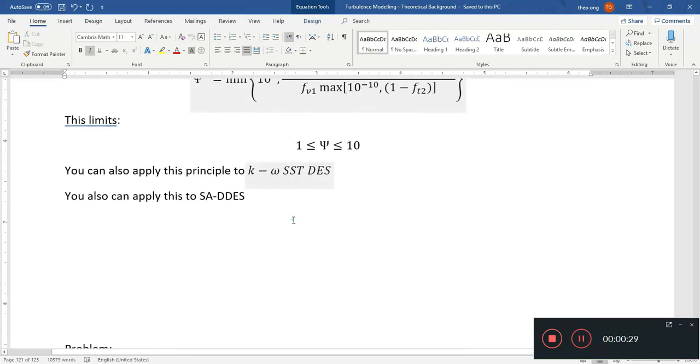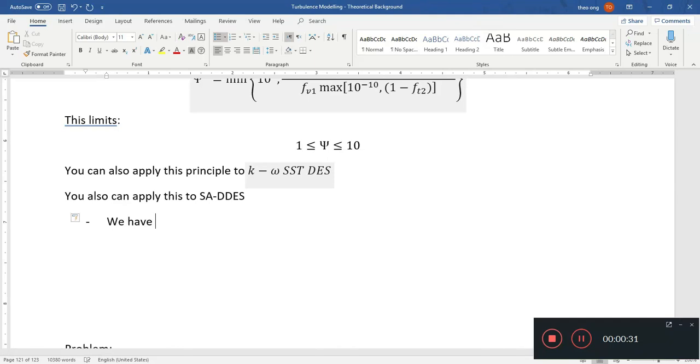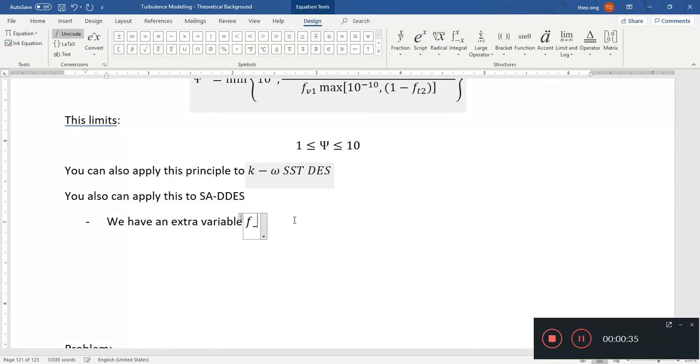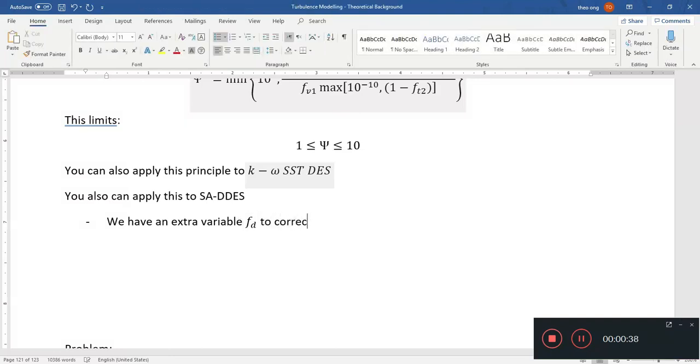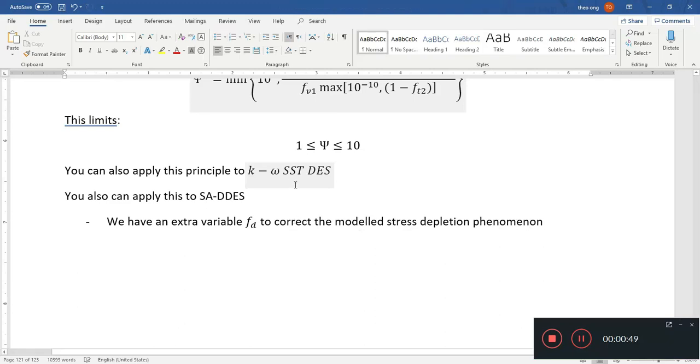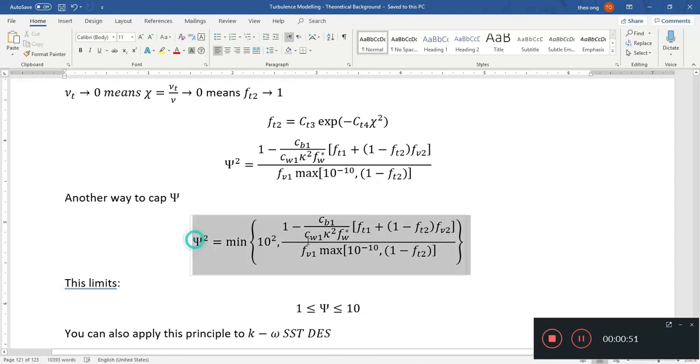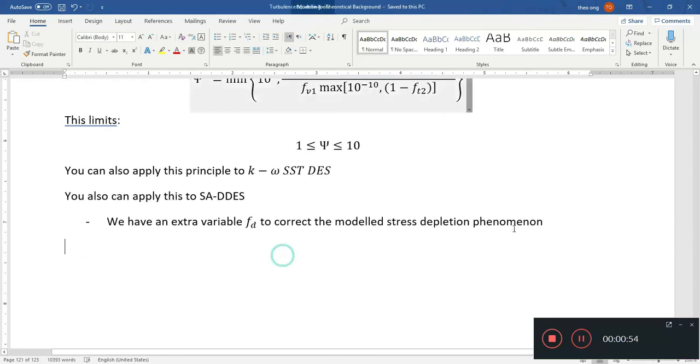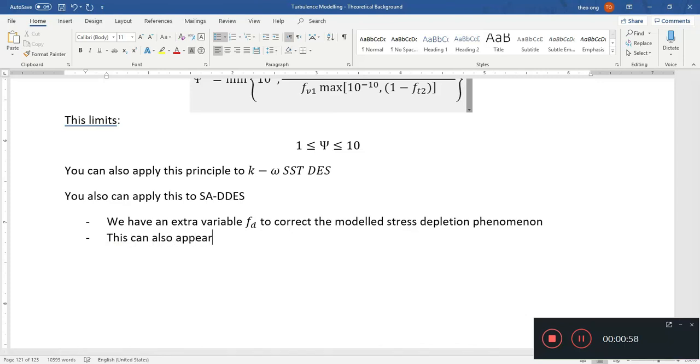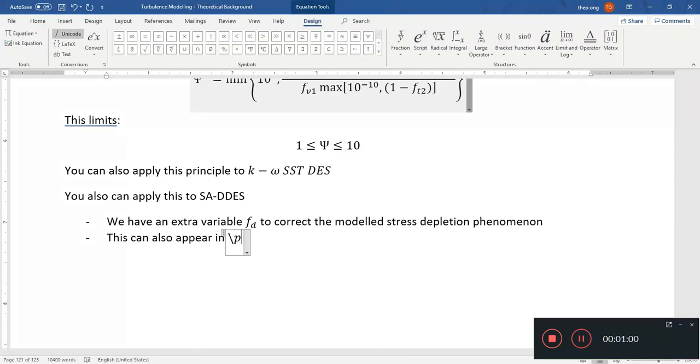Well, remember in DDES we have an extra variable, fd, to correct the model stress depletion phenomenon. That can also appear inside this booster function, in psi.